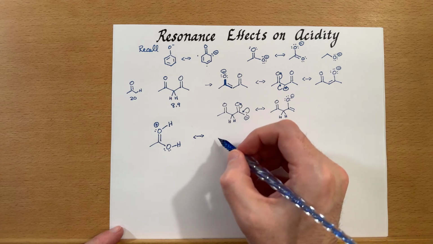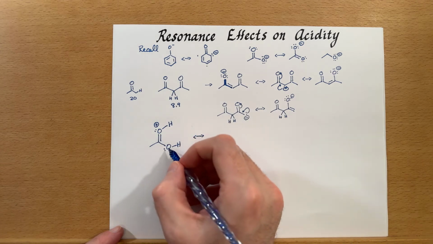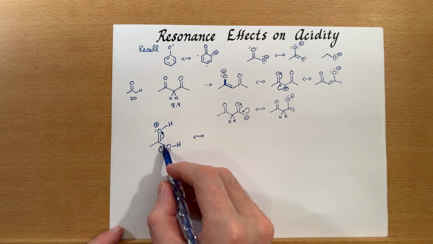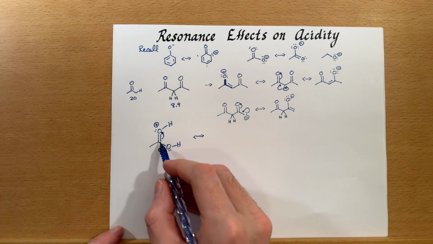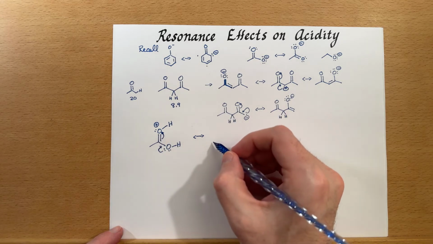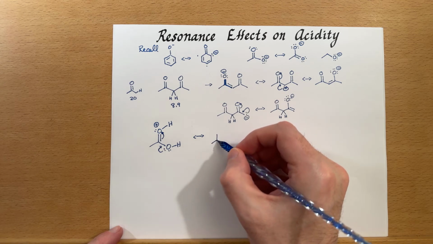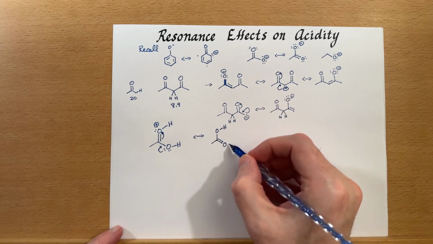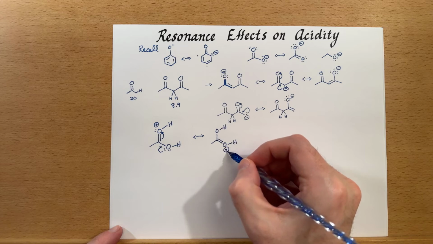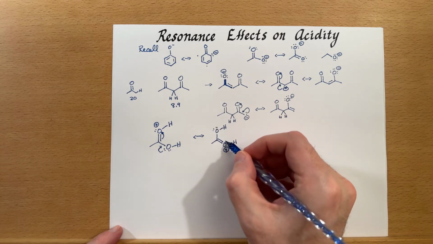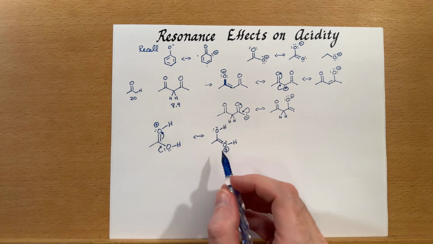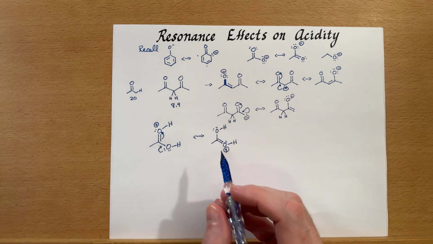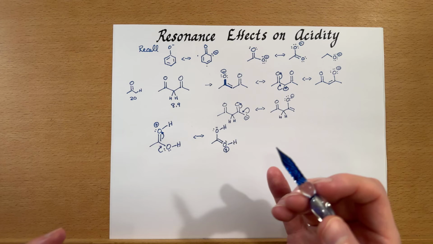But this has a resonance structure. And so if I were to move these electrons in between this carbon and oxygen and move those up, so I'm not making carbon with 5 bonds here, then I have this structure, which is a resonance structure because I haven't moved any of the atoms. I've just moved electrons. So this allows us to share that positive charge over 2 oxygens. So this is a little bit more stable.